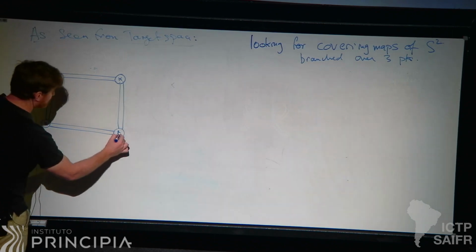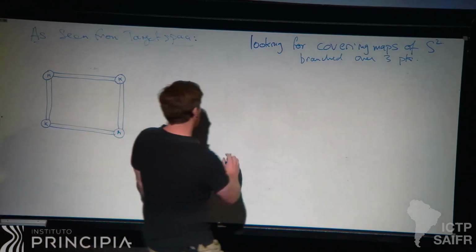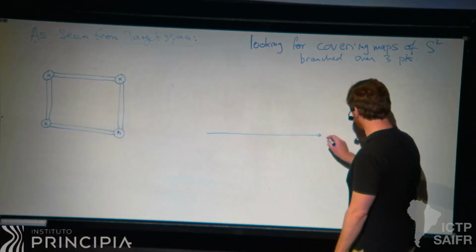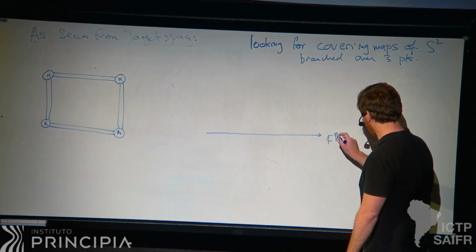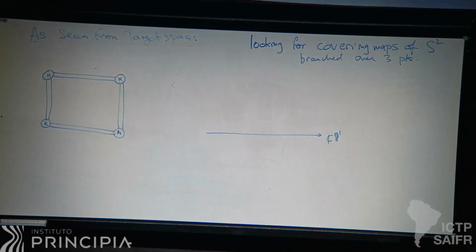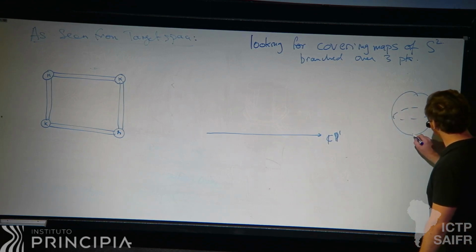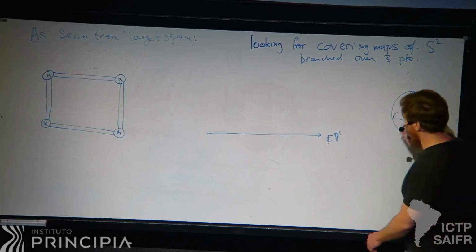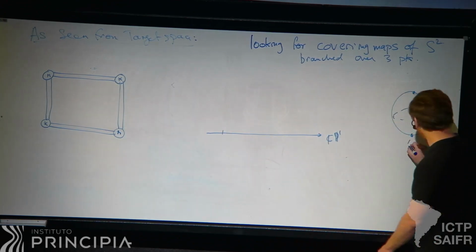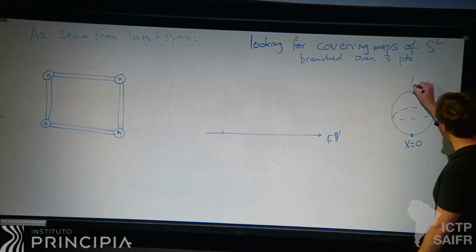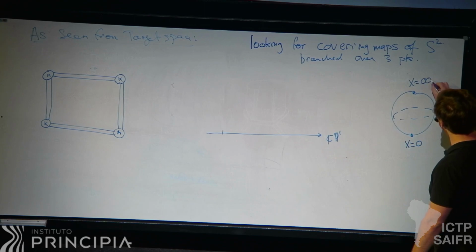K, and M. I'm going to take some artistic liberties here, and draw a sphere just here as a line. But it's good to remember that the sphere really looks like this. There's the North Pole, and it has these coordinates: x equals 0, this is x equals infinity, and let's pick some third point, say x equals 1.